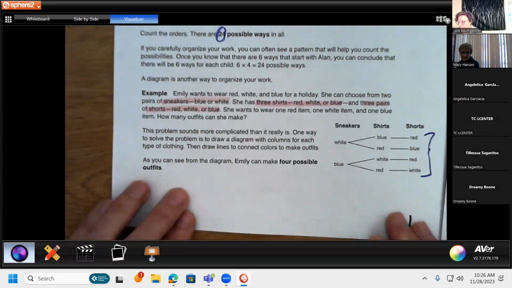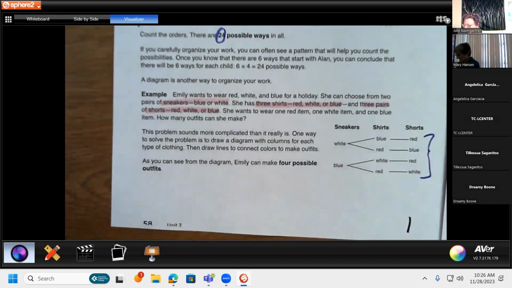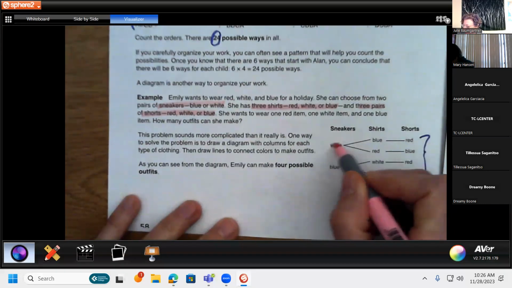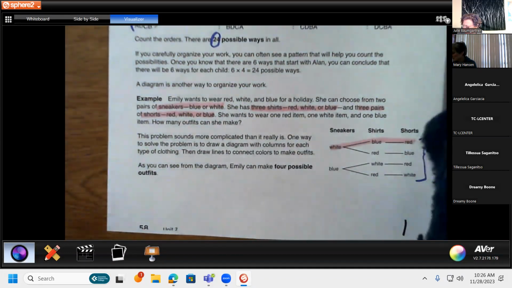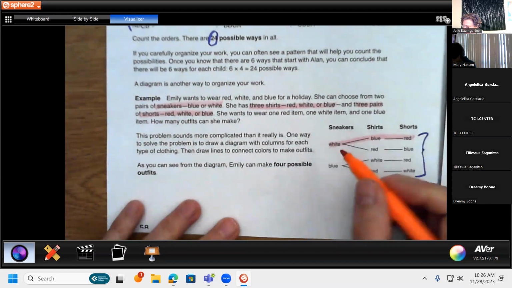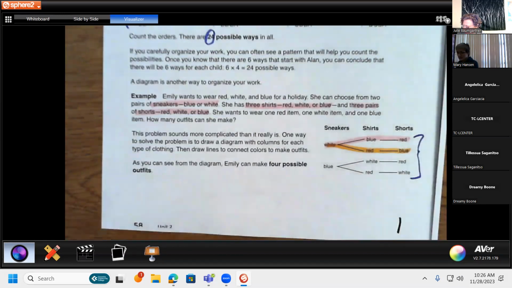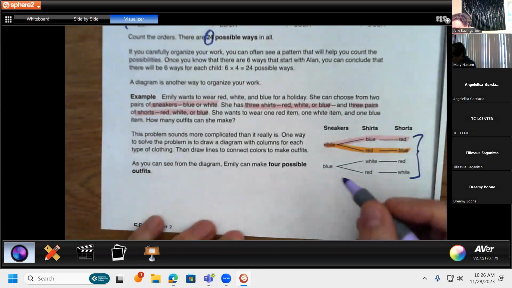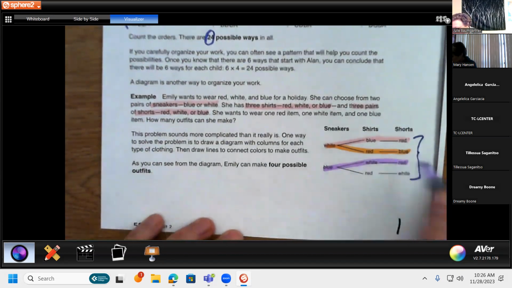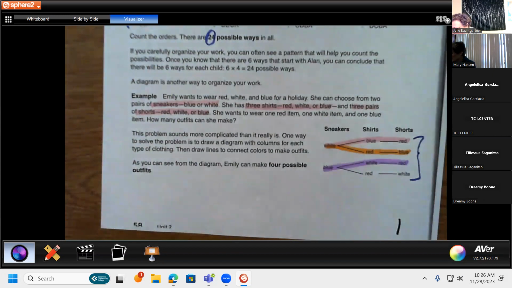Okay. Then to count how many possible outfits there are, we come over here to this side of the diagram. Because remember that white, blue, red is one option. And then white, red, blue is a second option. Blue, white, red is a third option.